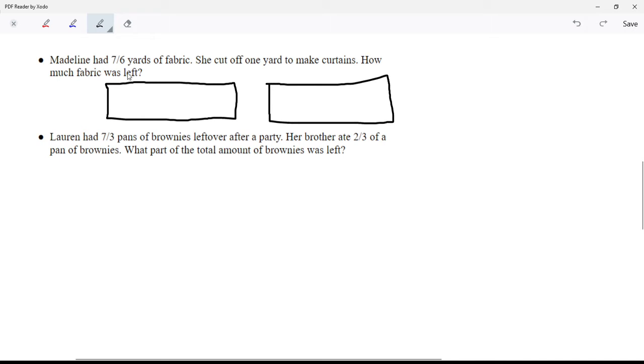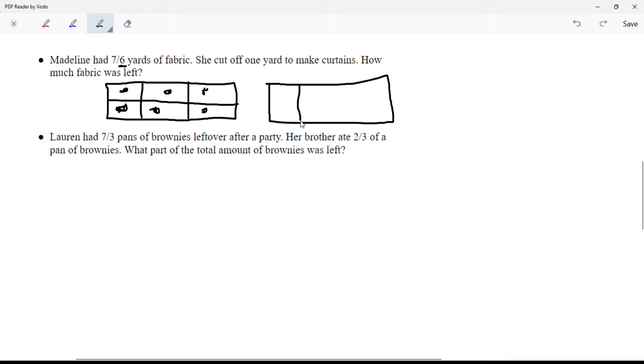Let's split these into sixths because that's the denominator here. If I split it into thirds and then cut that in half, that is sixths. So Madeline has 7/6. So we have 1, 2, 3, 4, 5, 6.